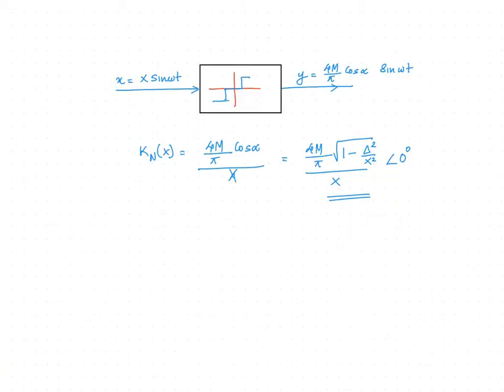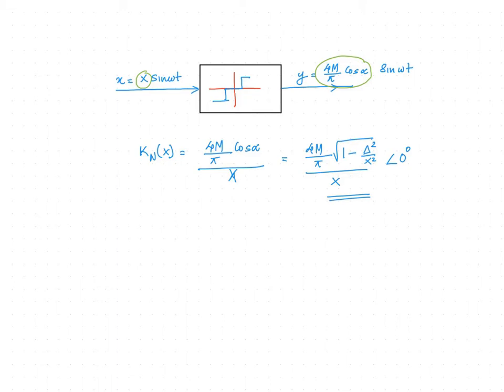If the input to this nonlinearity is capital X sin omega t, output can be written as 4M by pi cos alpha sin omega t. The ratios to be compared will be X and 4M by pi cos alpha.